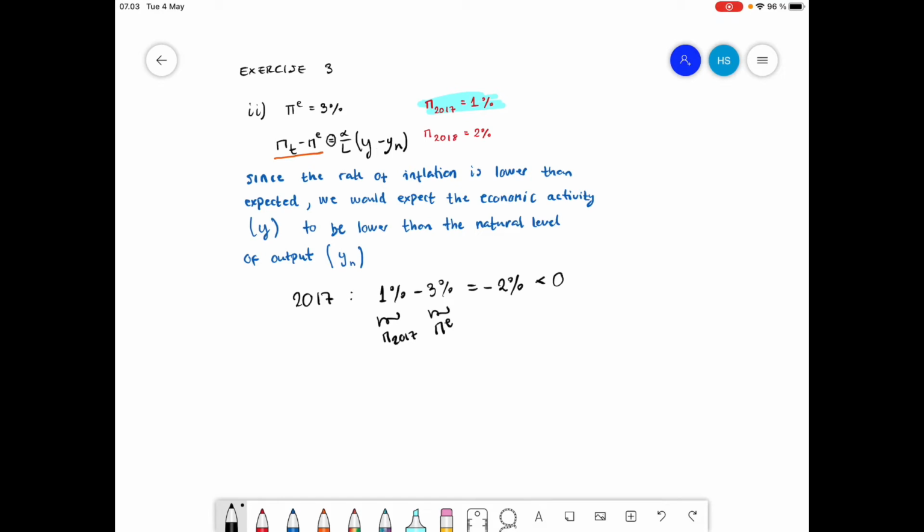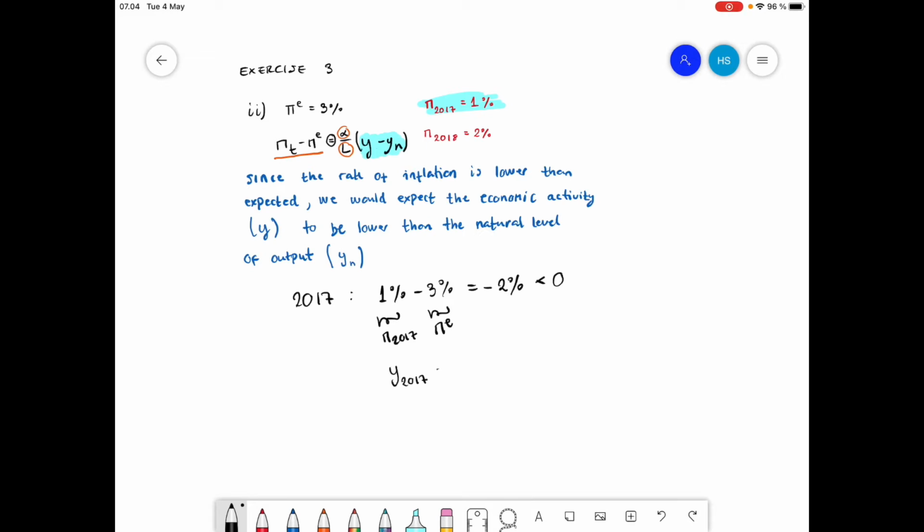For the equality sign to hold, the right-hand side must also be negative. And we know that alpha and L are positive parameters. And the only way that the right-hand side can be negative is whenever the difference between output and potential output is less than 0.